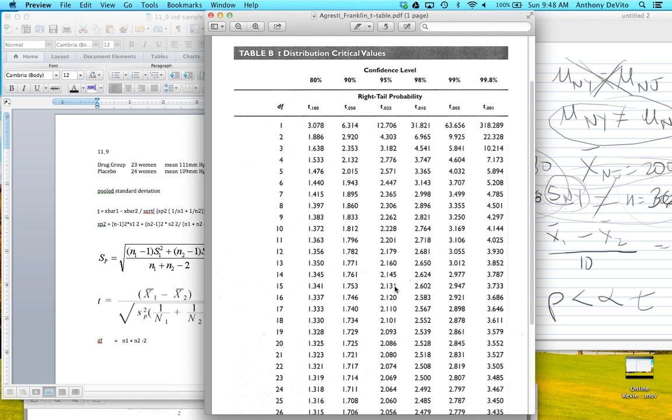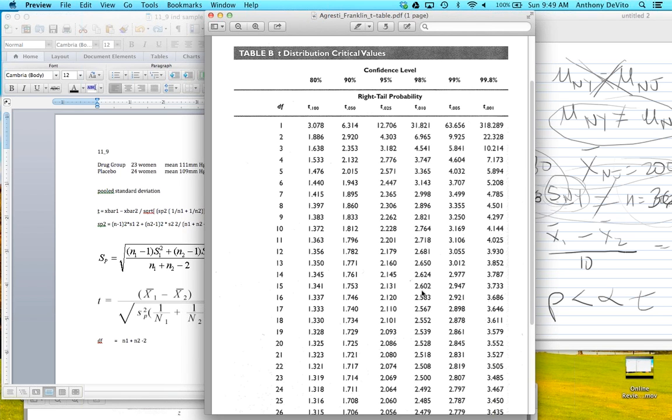What you can do with the t-test, if you want to be especially tricky, is say to yourself, for 16 degrees of freedom, if my calculated t-value comes out to be 2.2, I've exceeded what I need, so I can reject the null hypothesis. But I also know that my confidence is between 95% and 98%, because I didn't exceed what I need for 2.8.